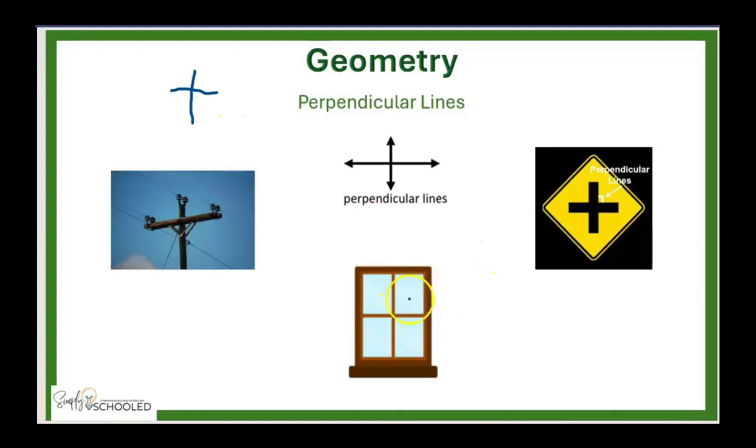For example, in these windows, notice it makes a perfect square if you draw that in the center. That's a perpendicular line. Same with this sign with the plus sign. That is a perpendicular line because they cross each other and form a T or a cross.